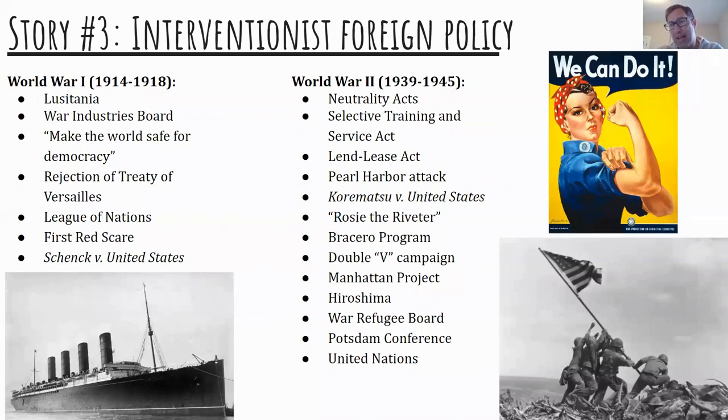So we see a peacetime military draft. We see the passage of the Lend-Lease Act, where we just start sending goods to Great Britain, who's one of the last democratic countries that's holding out against Hitler in World War II. And then after the attack by Japan on Pearl Harbor, America becomes actively involved in the war.